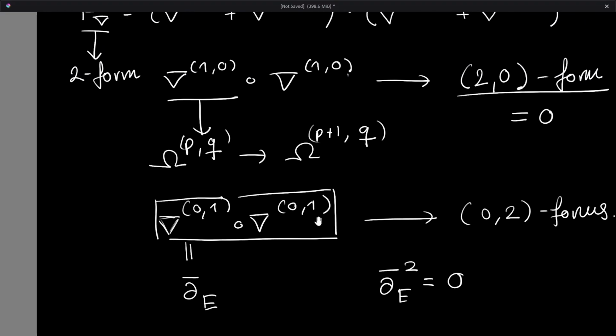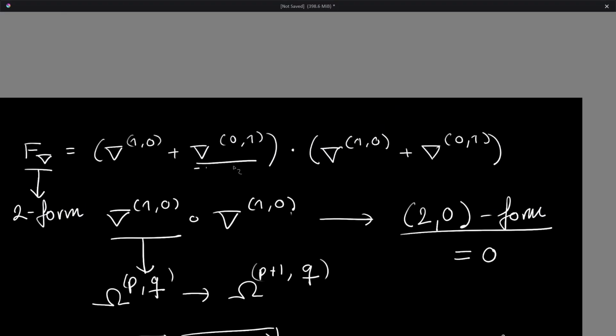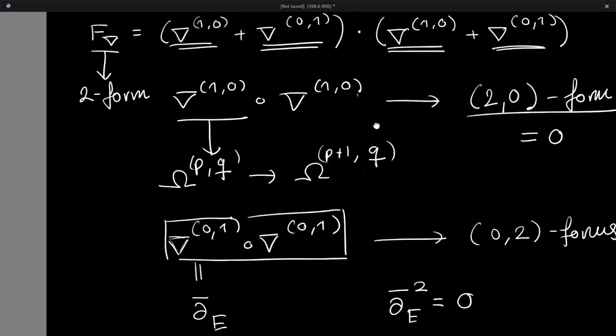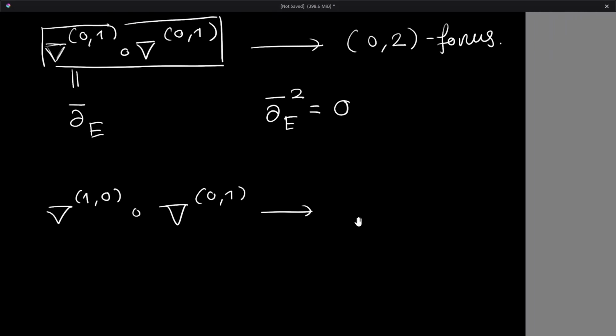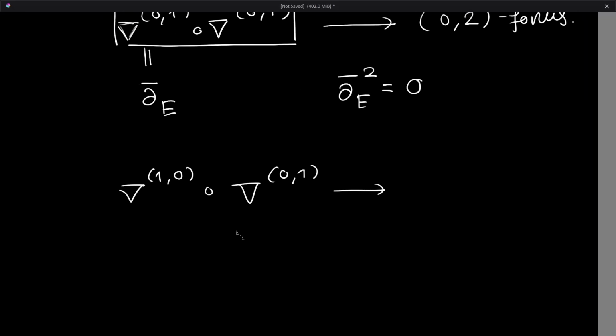So there's one last part, which is this term that's multiplied with that term, and that term when it's multiplied with this term. Those are the mixed terms. And so I'm just going to write that out once. Nabla 1,0 after nabla 0,1, and in the other order as well.